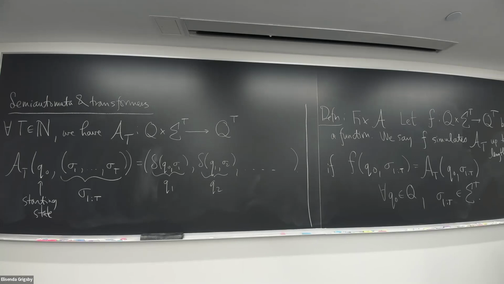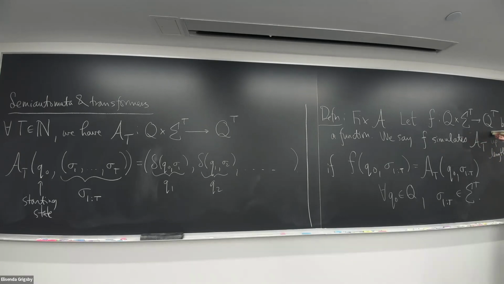Because you know where each of the states goes. But I think also somehow we want functions that can take in lists like this and spit out a list like this.